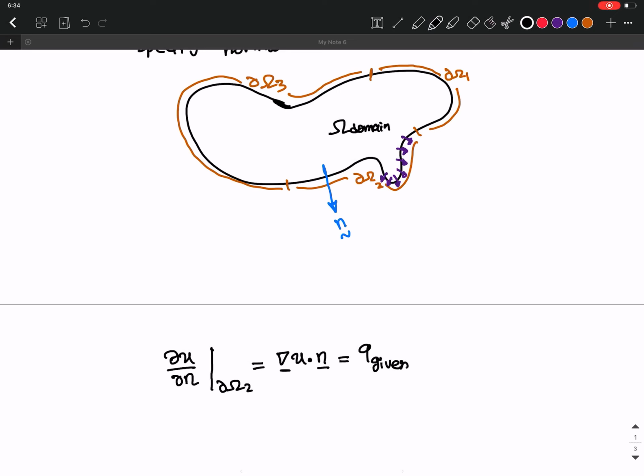So you can say along this line, along this part, we know the normal derivative of u with respect to the normal vector, and this is a given number.